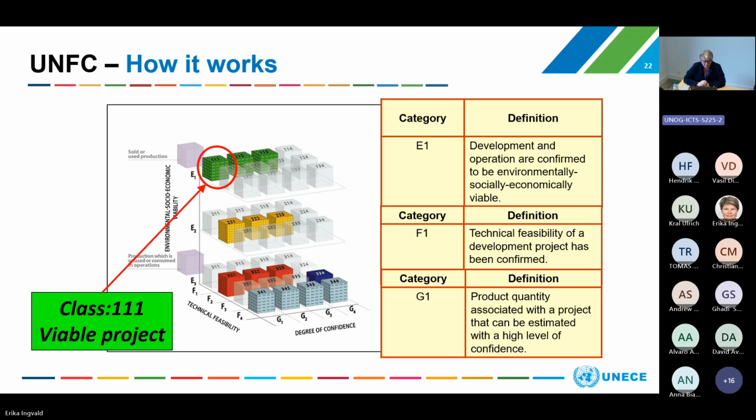So when you've gone through all of this, and now you have a really strong project, you have found out that you have E1, you have F1, and you have G1, then your project would be a 111, a viable project of the highest rank, I would say. So a green cube up in the top left corner.